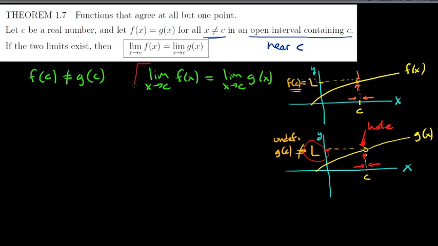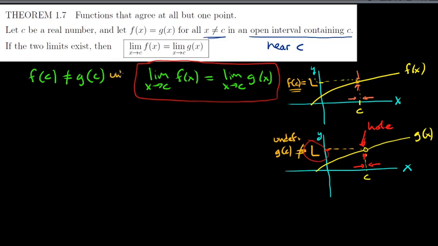So the two functions have the same limit even though they're not equal. F of c is not equal to g of c because g of c is, as I mentioned earlier, undefined. Sorry about that.